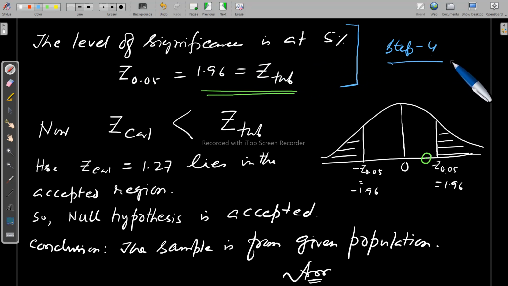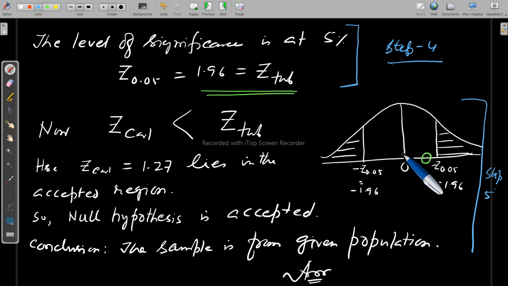And the last step is comparison and conclusion, that is step 5. Here you need to compare Z-cal and Z tab, draw the curve, and identify whether your Z-cal value lies in the critical region or in the accepted region.